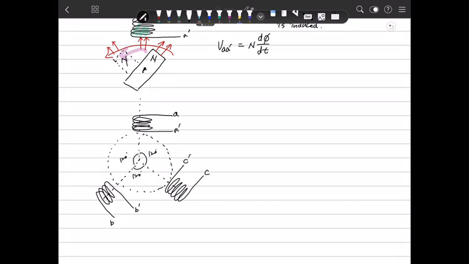And we place the magnet here. It is N, S. Then this magnet rotates in this way.